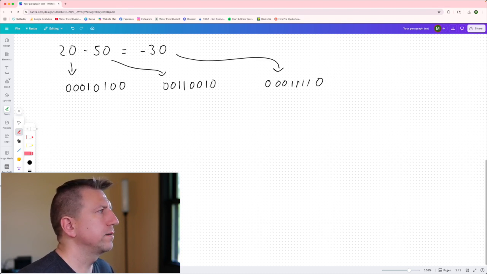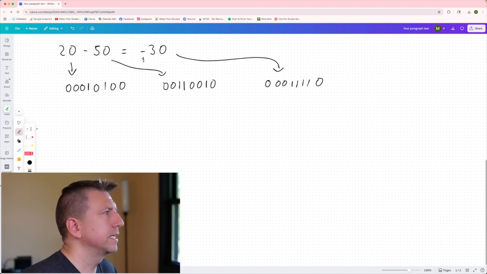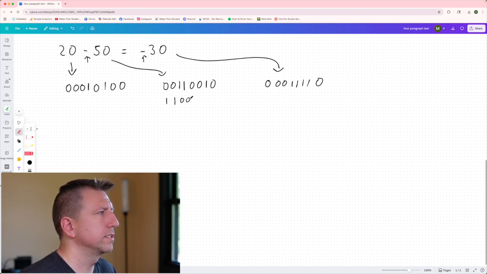Okay. So now I have two negative numbers. I have the negative for 30, and I have the negative number minus 50. And so we have to do a 2's complement twice. So we'll do a 2's complement here: flip the bits, 1, 1, 0, 0, 1, 1, 0, 1, add 1, which gives us, 1 and 1 is a 0, carry the 1, that's a 1, 1, 1, 0, 0, 1, 1.